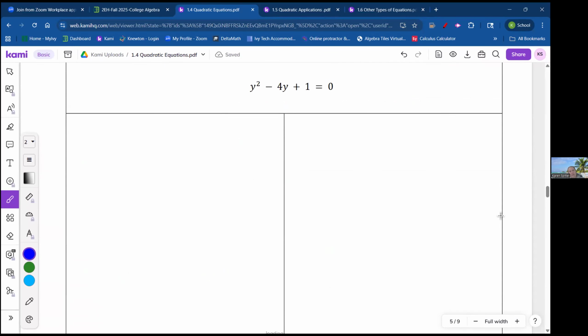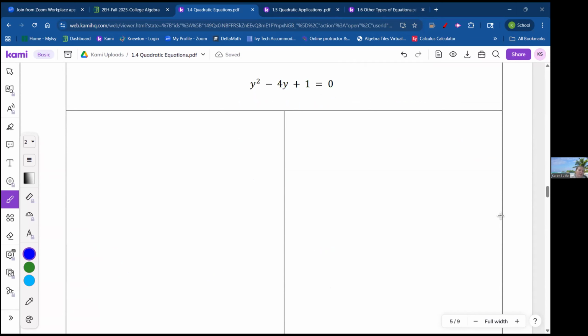All right. Number 2, same thing. First things first, subtract the 1. So I've got y squared minus 4y is equal to -1. That was the first step. The second step is to use my formula, b divided by 2 squared.